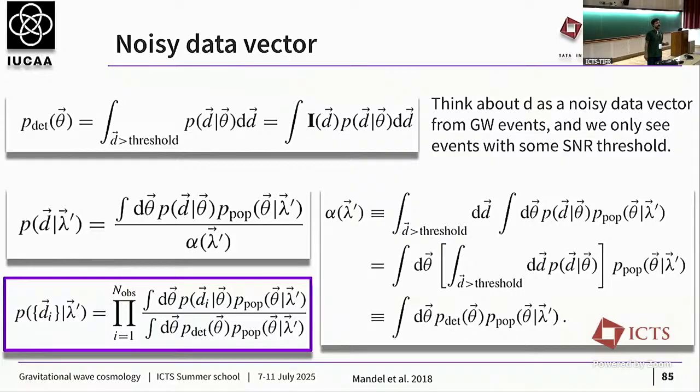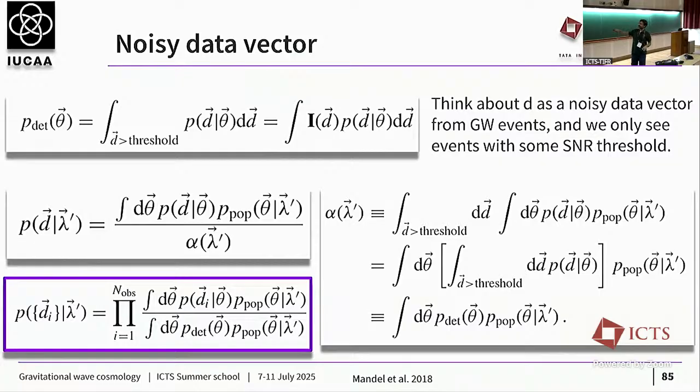But then you may say, well, there is a dependence on lambda prime as well here. So hold on to that particular thing. You try to sample from a large number of injections, which covers a large parameter space as well. And finally, whatever lambda you use, you try to reweight in order to get this selection function. So we'll get there at some point.